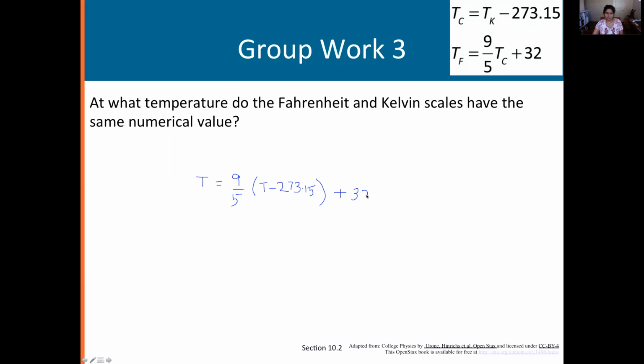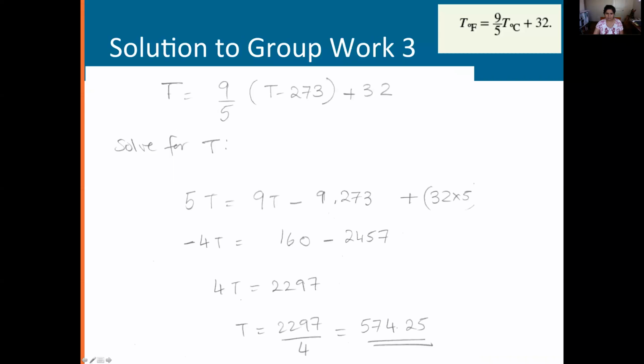And this should do it for you. Simplify this equation, take all the T terms that side, solve for T, and then use your calculator, and you should be able to get the same answer as me. Okay. So work it out. You should be able to get 574.25. So 574.25 Fahrenheit is the same as 574.25 Kelvin.